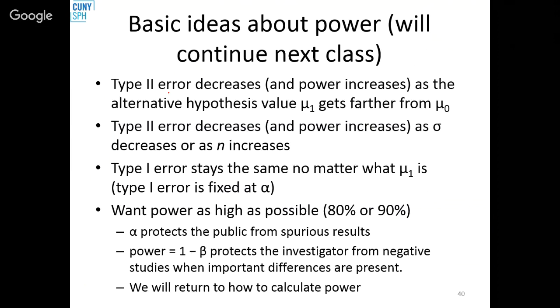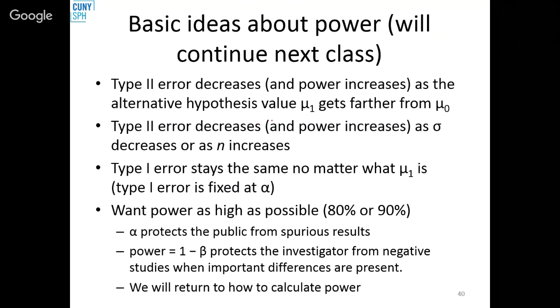Another way of seeing that is that it's easier to see a bigger difference. So if your true difference is big, you're going to tend not to make type 2 errors. This thing called the power is actually just 1 minus the type 2 error rate, so your power to detect a difference is greater when the difference is greater.